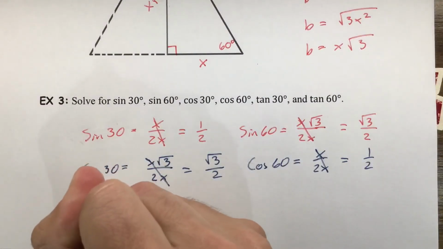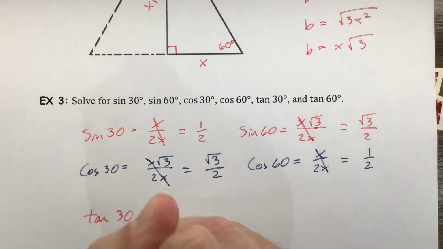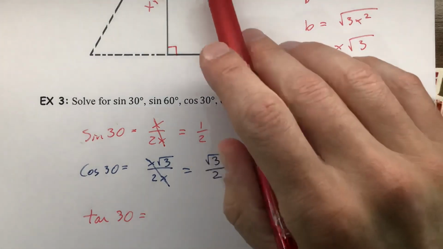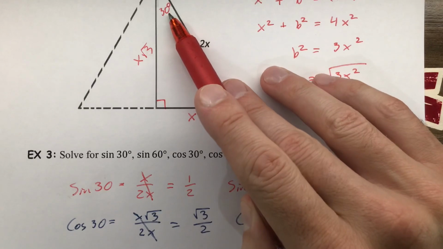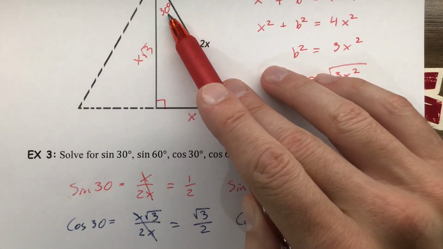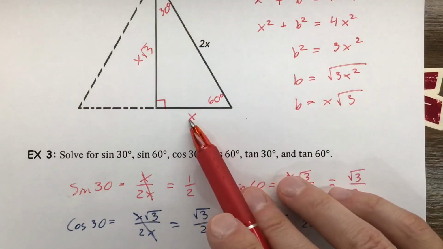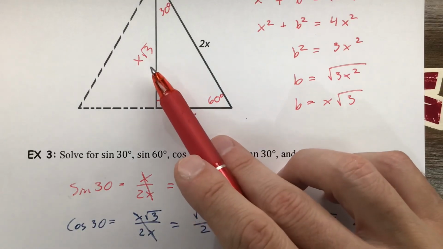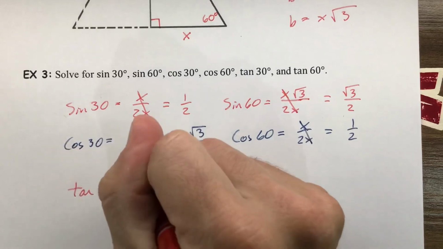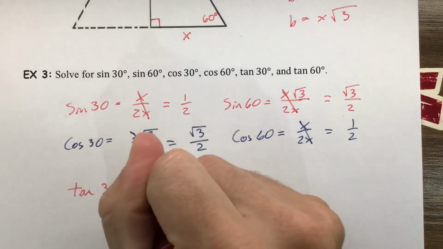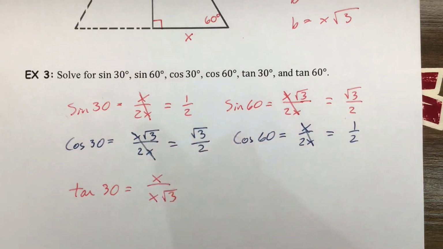All right, now the tangent of 30. Tangent is the opposite over the adjacent. So I'm going to slide this down. All right, this is our theta. It's going to be 30 degrees, and we need the opposite of that, which is x, divided by the adjacent. So this is x over x root 3. I don't think I said that right.